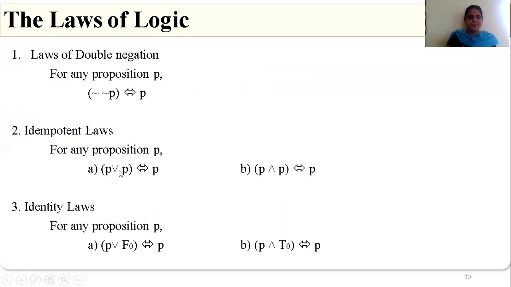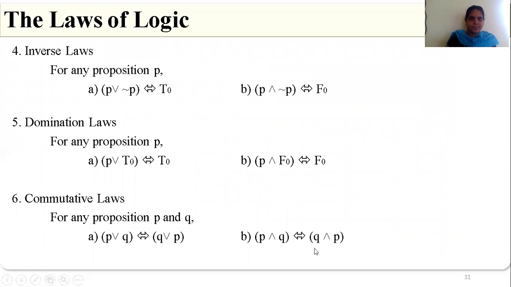Next is the idempotent law: for any proposition P, P or P is P, and P and P is P. Identity law: P or F-naught is P, and P and T-naught is P.